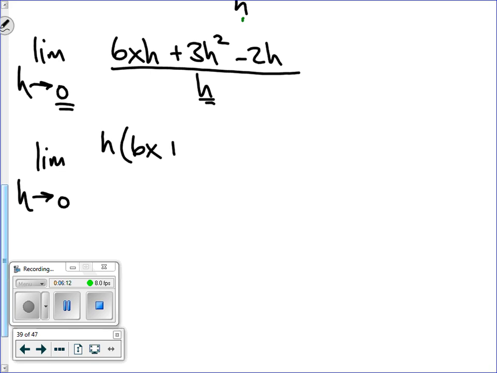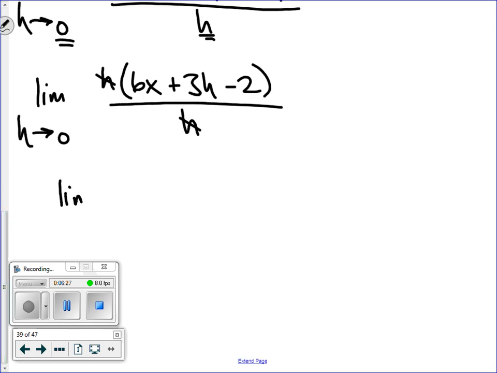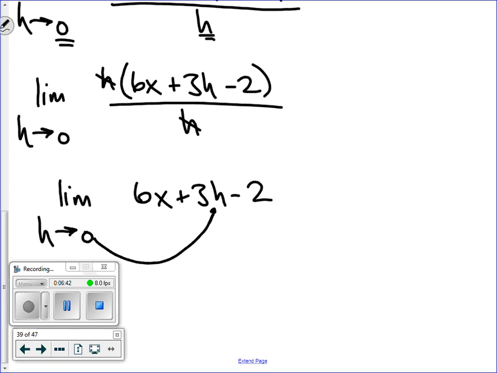Factor the h away from every term up top so that I can cancel it with the one h that's on the bottom. So the limit as h approaches 0 of 6x plus 3h minus 2. And then we can plug in the 0 and get the derivative.